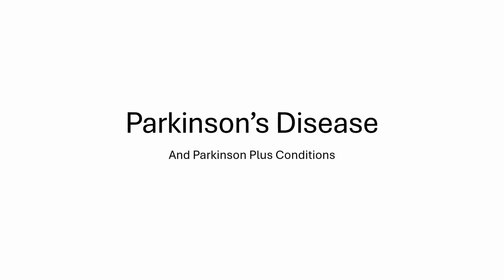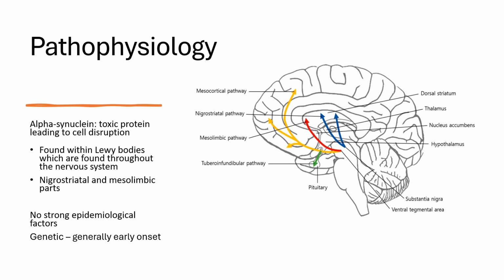So let's get started. A little bit about the pathophysiology of Parkinson's disease, which is actually quite relevant given the pathophysiology itself can help you predict the signs and symptoms you might expect to see, particularly in Parkinson's, where the primary problem is accumulation of alpha synuclein.